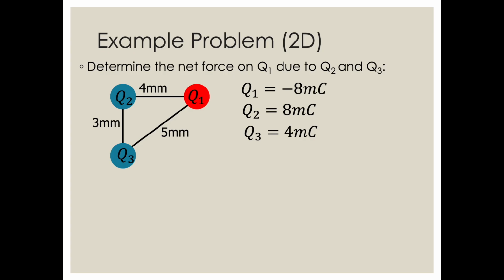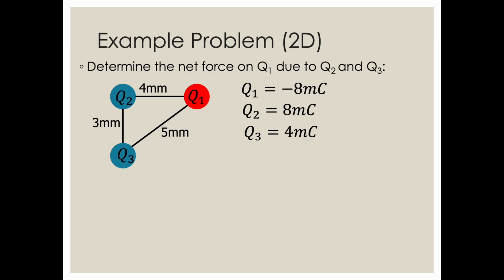And we see the orientation of these 3 point charges, which I set up as a 3, 4, 5 right triangle to make things easy. What we're trying to solve for in this case is the net force acting on particle 1 due to the other two particles. So we want the force on Q1 due to Q2 and Q3 interactions.